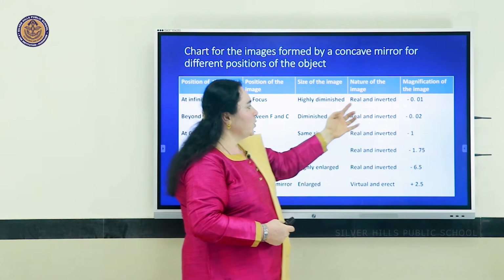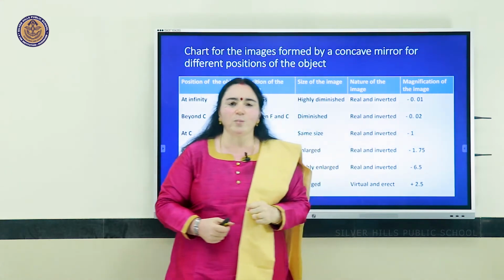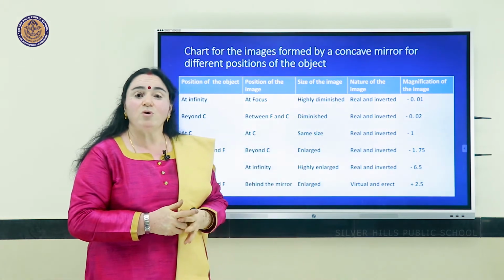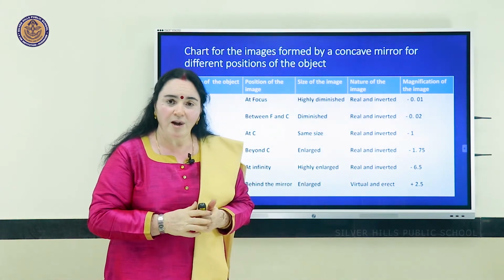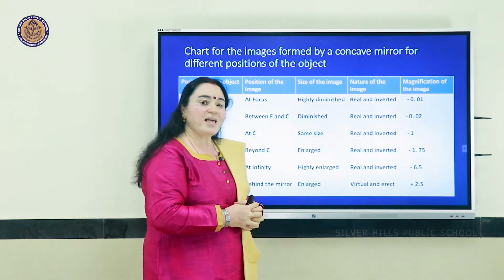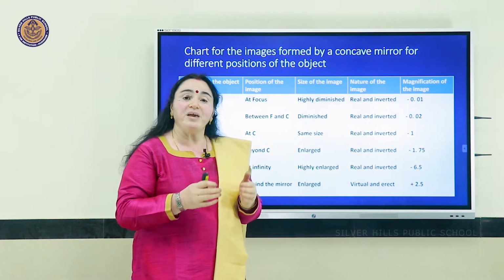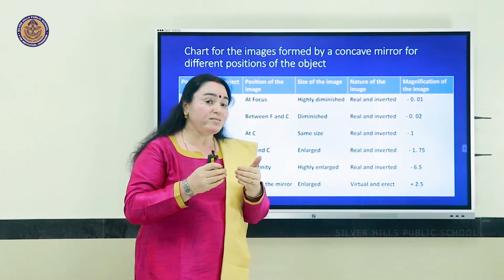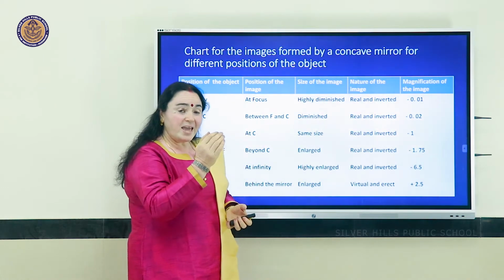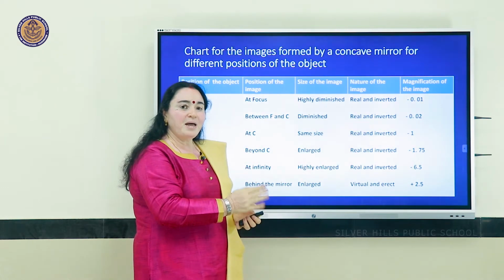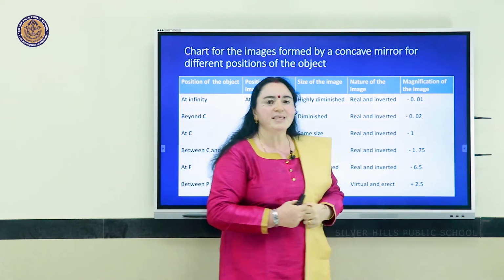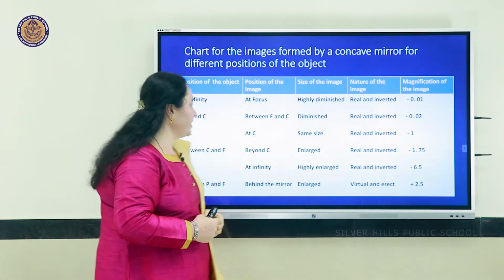So, I have a minus 0.01 indicated over here, which means that the size of the image is very, very small. But what does that minus sign indicate? The minus sign expresses that the image is real. And as it is real, it is formed in front of the mirror. So anything that is lying in front of the mirror, by Cartesian sign convention, should be taken as negative.